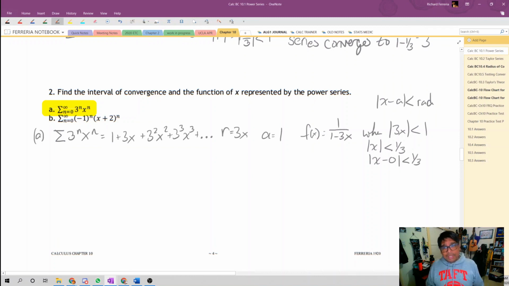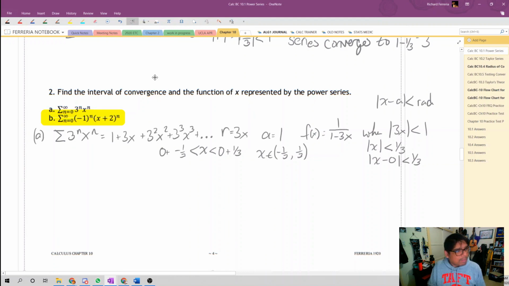So this gives us our radius or our interval of convergence. So x needs to be between negative 1/3, or maybe I should say 0 plus negative 1/3 and 0 plus positive 1/3, which is another way of saying x must be between negative 1/3 and positive 1/3.